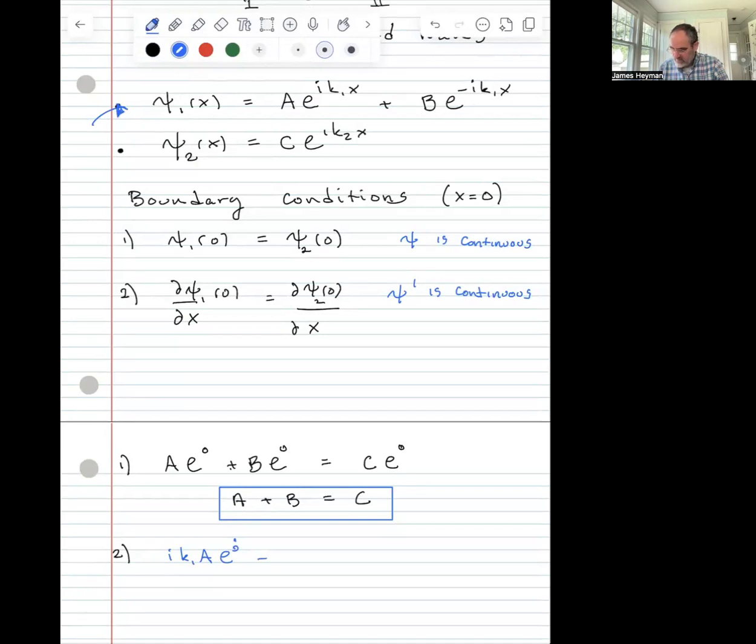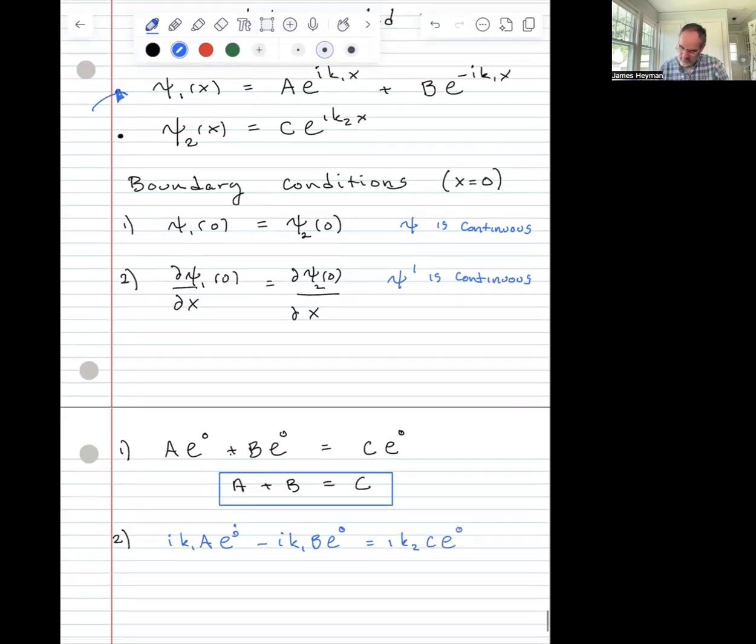And then we have the second term, B e to the minus i k x. When we take the derivative of that, we get minus i times k1, and then B times e to the i k x. On the other side, we have C e to the i k2 x, and we get i k2 times C e to the power 0.